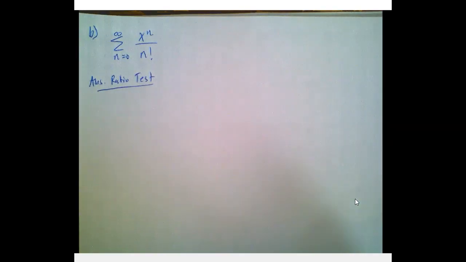Again, basically what we're doing is testing for absolute convergence along the interval. So we want to consider the limit as n goes to infinity of the ratio of the next term with the previous term, all in absolute value. So that would be x^(n+1) over (n+1) factorial, over x^n over n factorial.